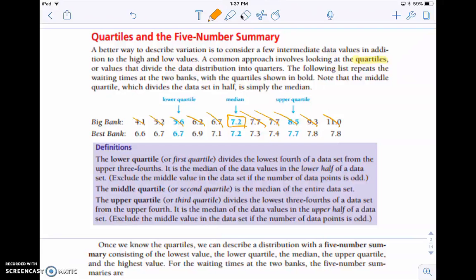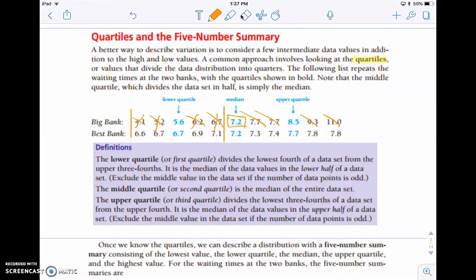And then what we do is cut the data set in half. So now we look down at this side, and we cut down 1, 2, and we get that the lower quartile is 5.6, and you do the same on top to get the upper quartile is 8.5 on this big bank, this set of data we have here.